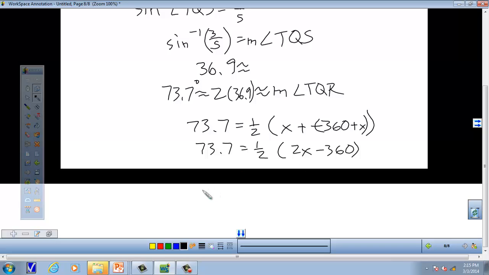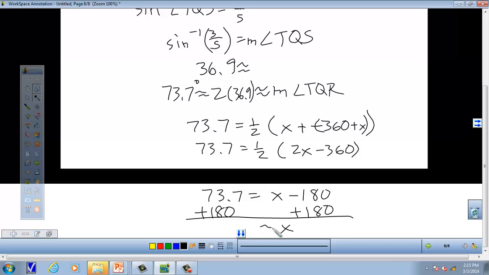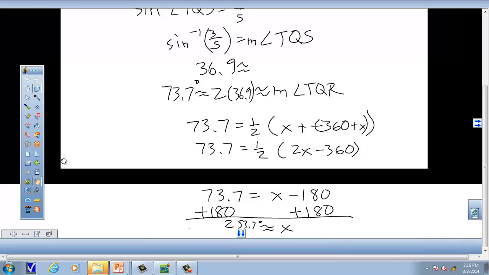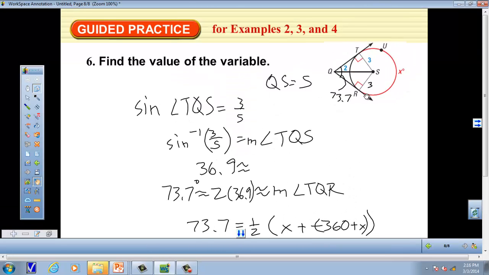So multiplying that out, we get 73.7 is equal to x minus 180, and adding 180 to both sides, we get x is approximately 253.7 degrees. So going back up to the top, that would be this arc right here.